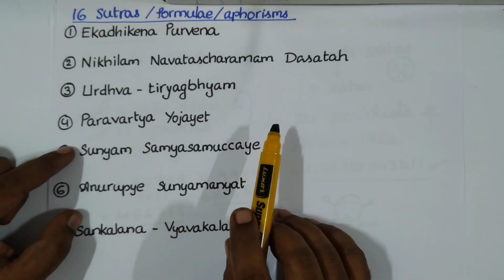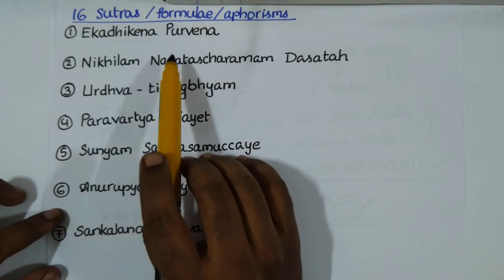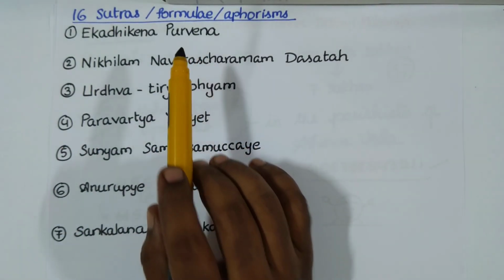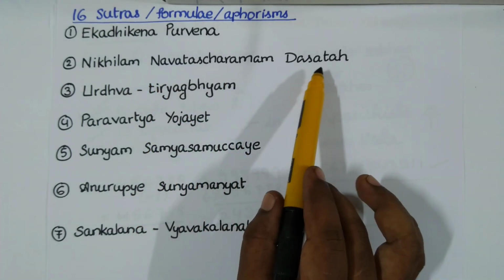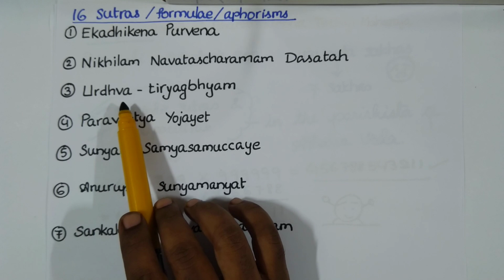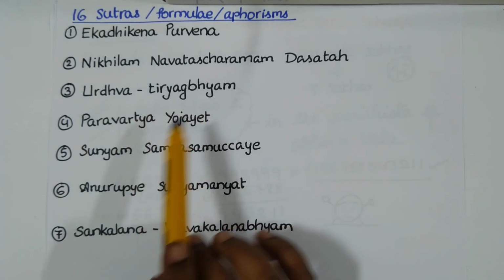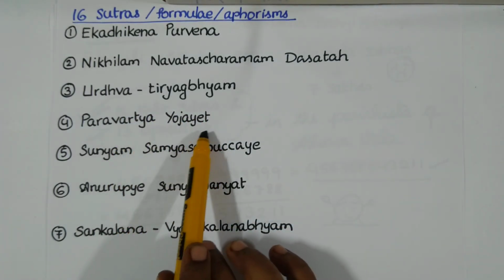The 16 sutras are as follows. First, Ekadikena Purvena. Second, Nikhilam Navatashcaramam Dashatah. Third, Urdhva Tiryagbhyam. Fourth, Paravartya Yojayet.